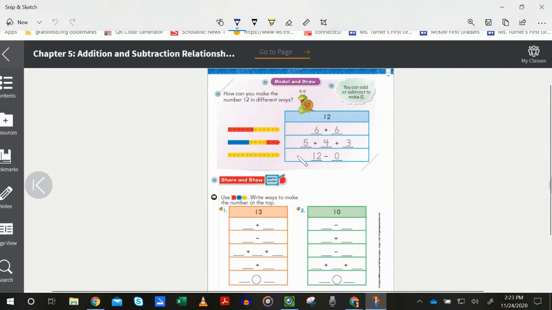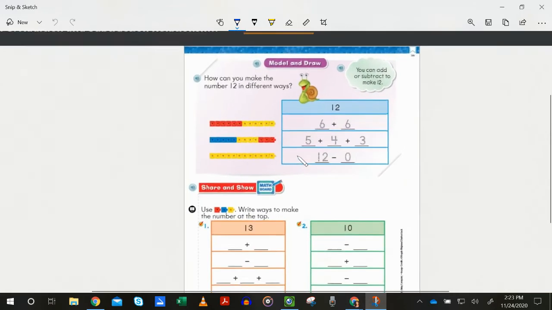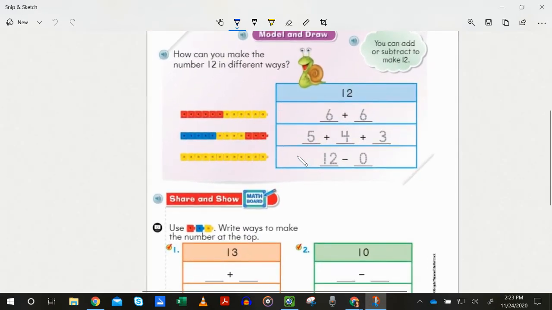Again, it has that pink section up here. And you'll notice in this pink section that they showed 3 different ways to make the number 12. They used a doubles fact, 6 plus 6 equals 12, and they showed that here, 6 reds, 6 yellows.